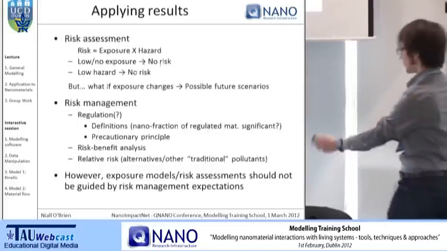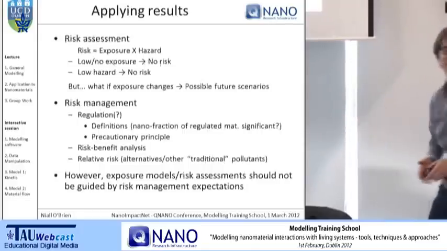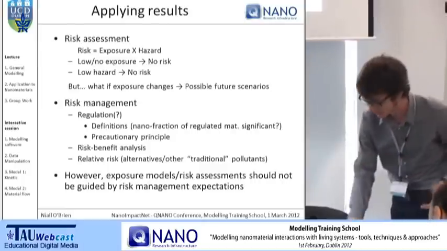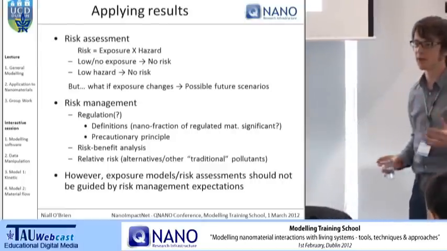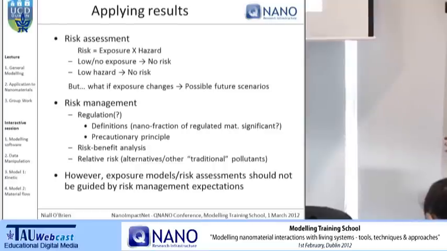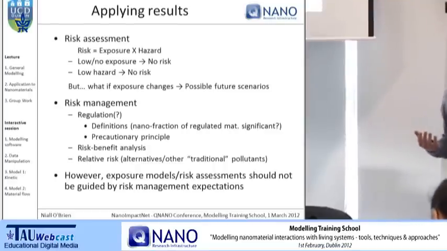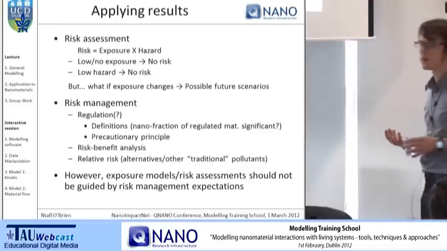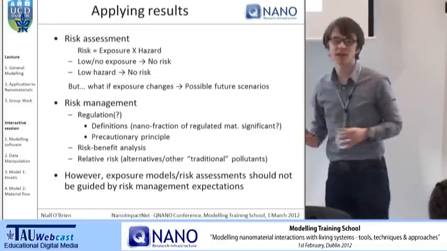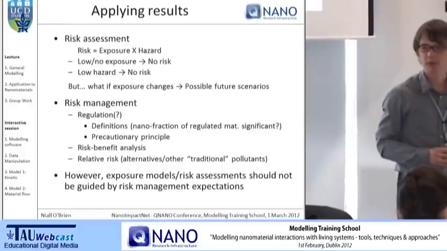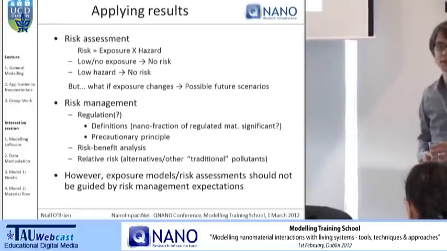And again, when I talk about applying these results, we do all this modeling, and we've got to think, where is it applied? What use is it to us? So again, for one instance, we use it in risk assessment. To assess a new pollutant or new material, we have to think about both the exposure and the hazard.